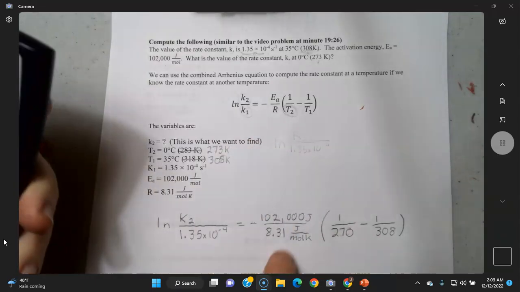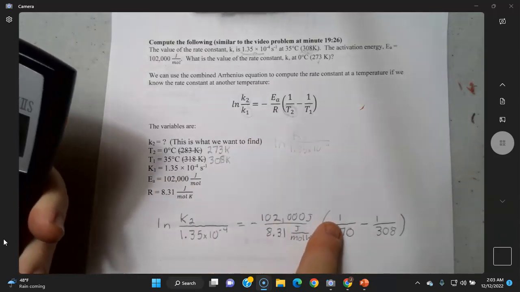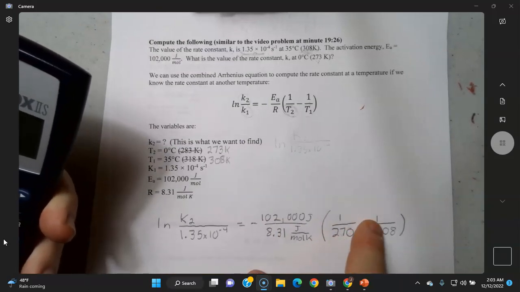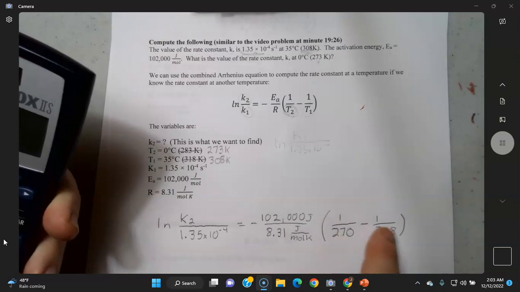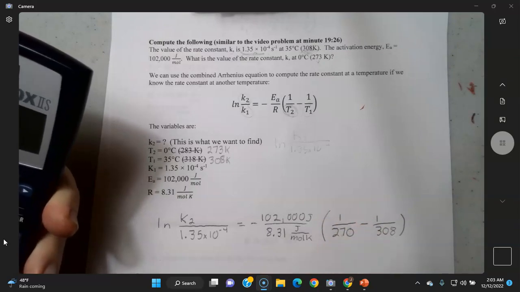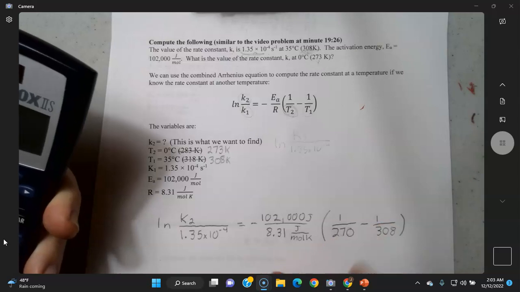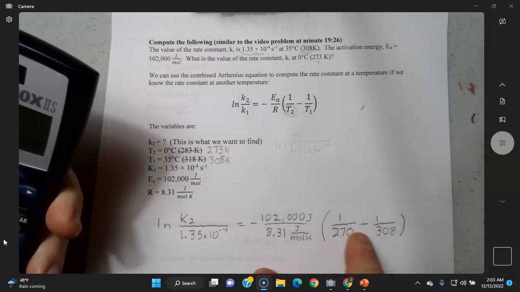It's very simple. If you do PEMDAS, order of operations, 1 divided by 273 minus 1 divided by 308. It's going to do the divisions before it does the subtraction, and that's what you want it to do. You want to get this division, then this division, and then subtract this one minus this one.